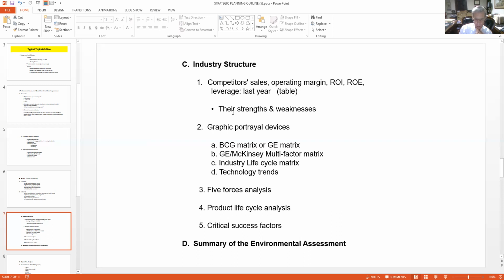The product life cycle analysis, and what we'll see in a firm like Deere is that some products are early in their life cycles, some are very late in their life cycles. And that'll be true in just about all of your industries. In the pharmaceutical industry, for instance, what happens when a product gets late in its life cycle?